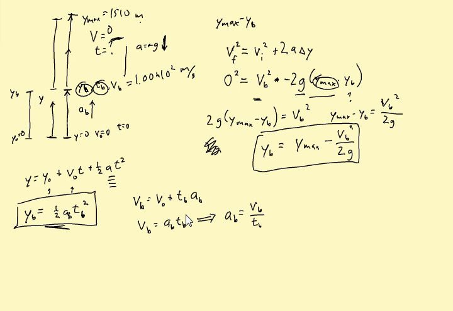Then we take this equation here back on the left and plug this into it, and what we find is that y at burnout equals one half ab, where ab is vb over tb, so vb, and then we have the tb squared divided by tb, so this is going to be vb tb. So its altitude at burnout is one half of the burnout velocity times the time of the burn.